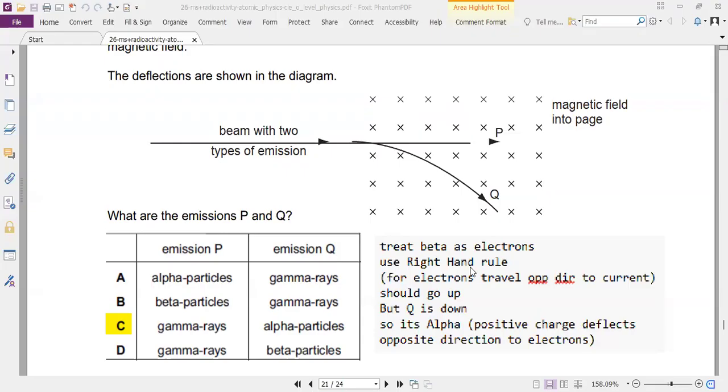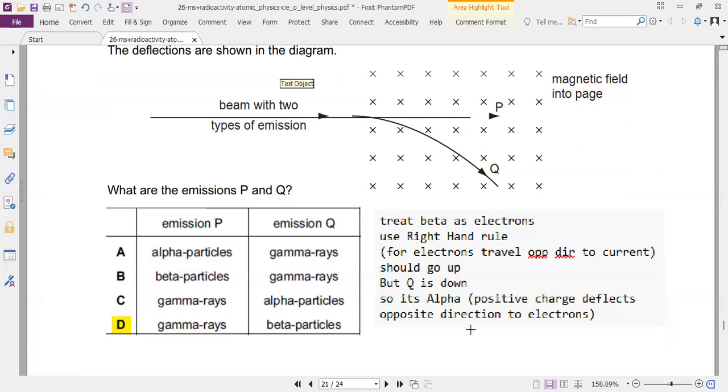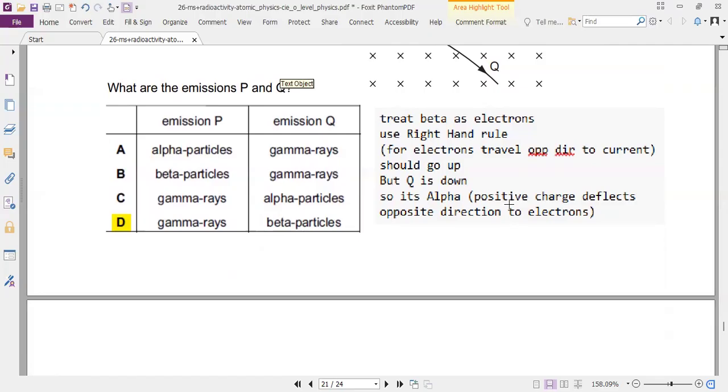So downward thumb represents the downward motion of electrons, and that's why Q is beta, it is not alpha. So we will say that P is gamma and Q is beta. This is wrong. The electron should go down, does not go up.